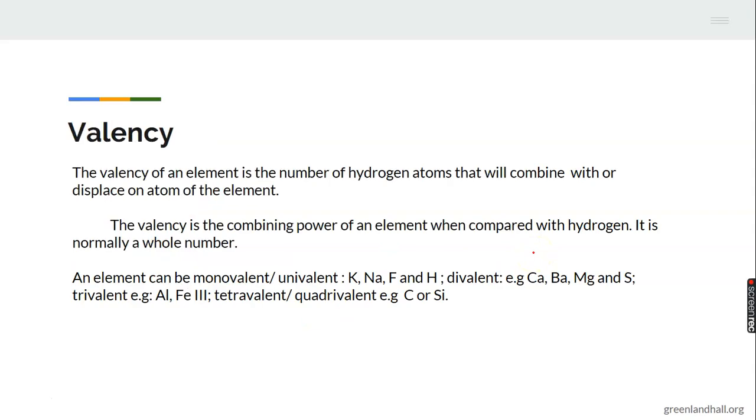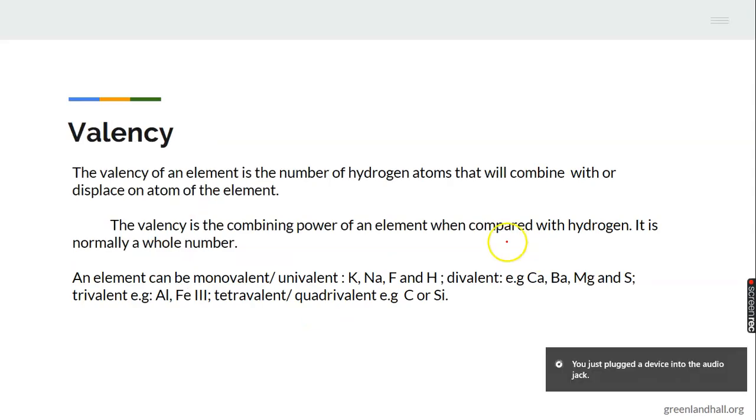So valency, as we all know, the valency of an element is the number of hydrogen atoms that will combine with or displace an atom of that element. You can as well say the valency is the combining power of an element when compared with hydrogen. It is normally a whole number.